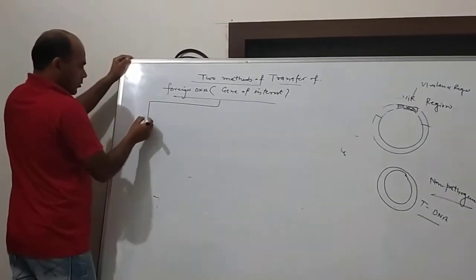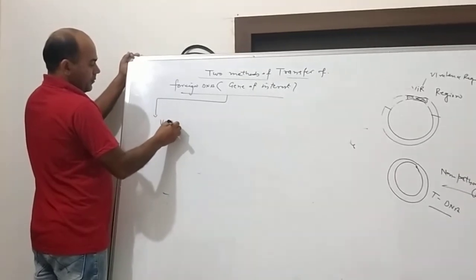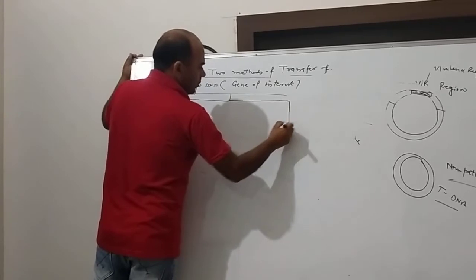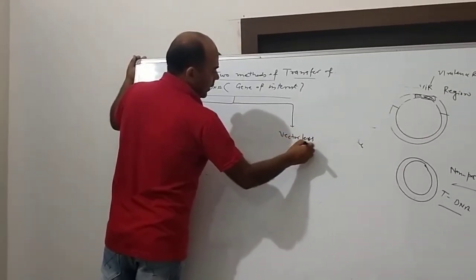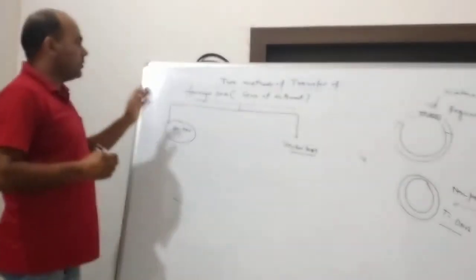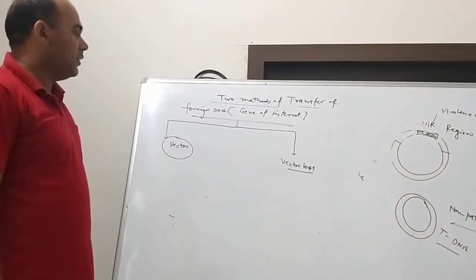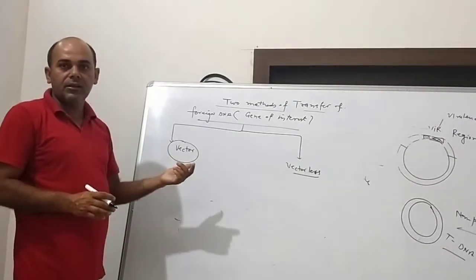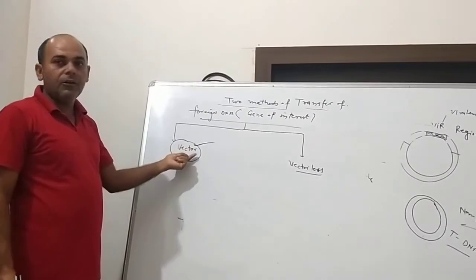One method is with the help of a vector. The second method is vectorless. Here, a particular piece of DNA, a gene of interest, can be passed into the host cell with the help of some carrier. The carrier is called a vector. So this is called with the help of a vector.